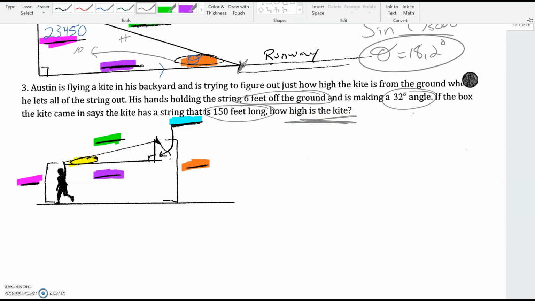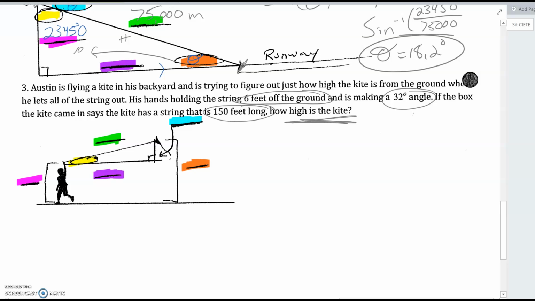All right, so the first question is going to be, where would the 6 feet off the ground go? He's holding it 6 feet off the ground. Boom. The next one is going to be, where does the 32 degrees go? So there's only one angle right there.